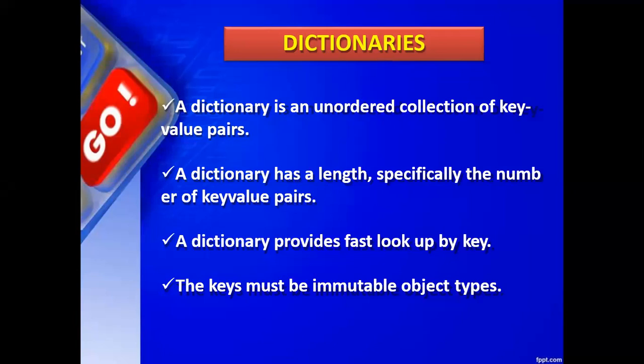A dictionary provides fast lookup by the key, and the keys must be immutable object types. It's very important that whatever goes in the key part is immutable. Now, I'll just give you an example over here. So you can see a dictionary is something like this.